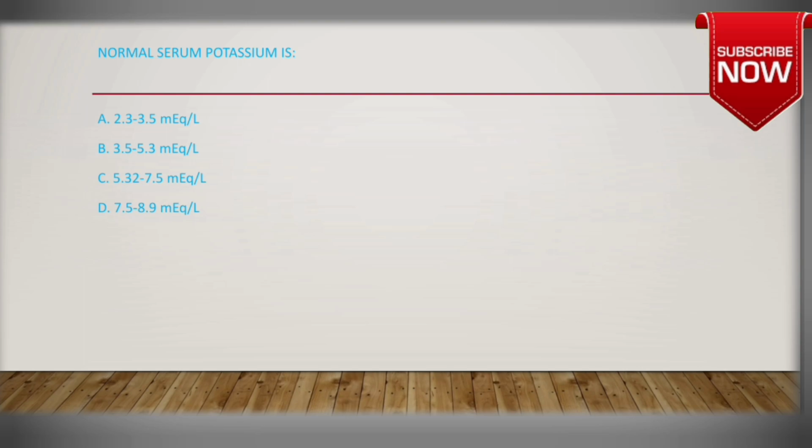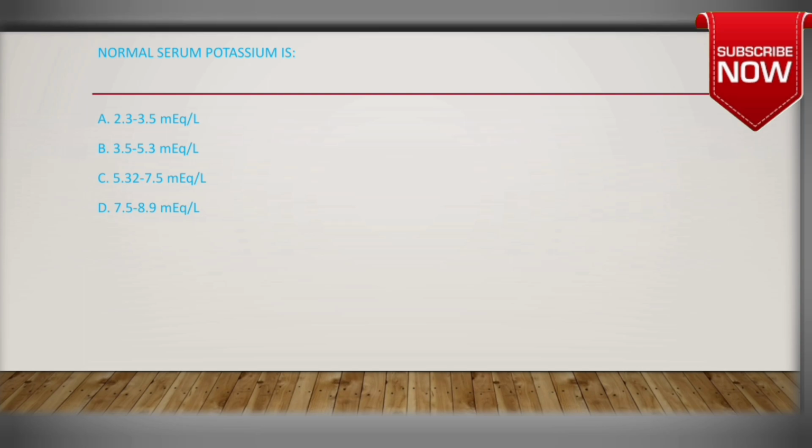Normal serum potassium is option A, 2.3 to 3.5 milliequivalent per liter, option B, 3.5 to 5.3 milliequivalent per liter, option C, 5.3 to 7.5 milliequivalent per liter, option D, 7.5 to 8.9 milliequivalent per liter.